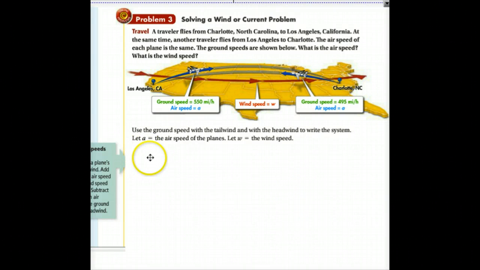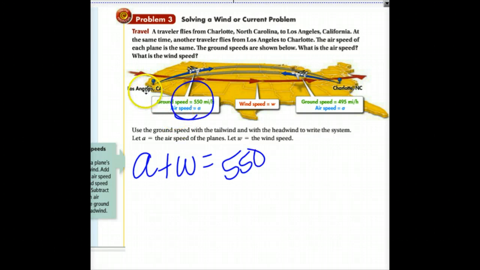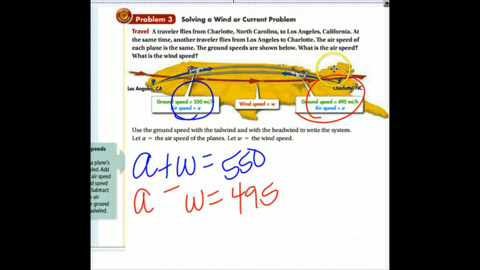My first one, the airspeed plus the wind speed equals 550. I got that from this plane here going west to east. And my other equation is my airspeed minus my wind speed equals 495. And I got that from this plane going east to west. Looking at these equations, I can do elimination very easily because the coefficients cancel each other out.